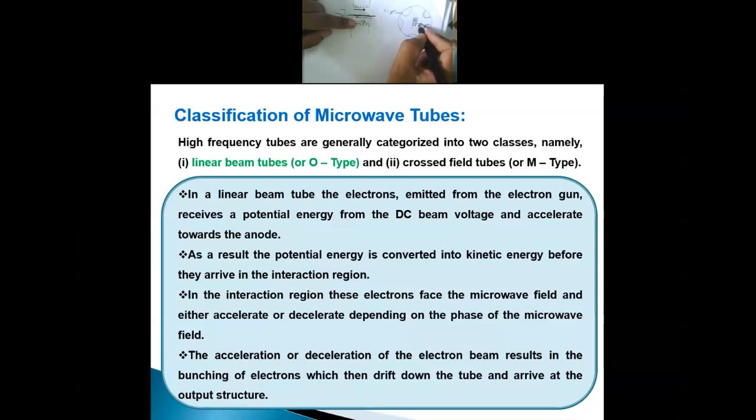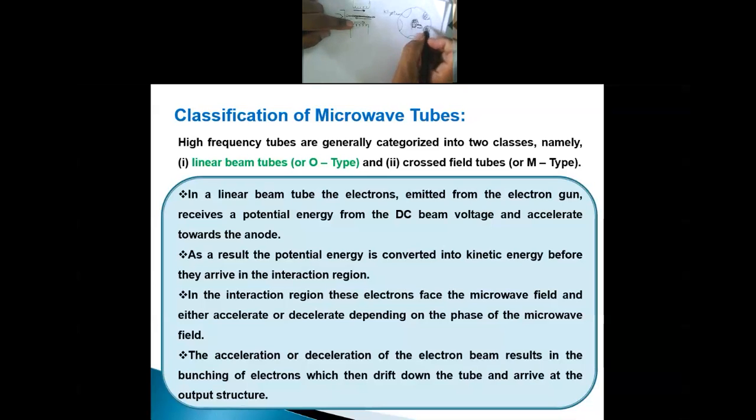Because of the magnetic field present in this region, the electrons will be reflected. When they are emitted from the cathode and reach this position, there is a magnetic field present around it. So due to the magnetic field, they will be repelled back, and that is perpendicular. So the electric field and magnetic field are perpendicular. That is called the M type tube.